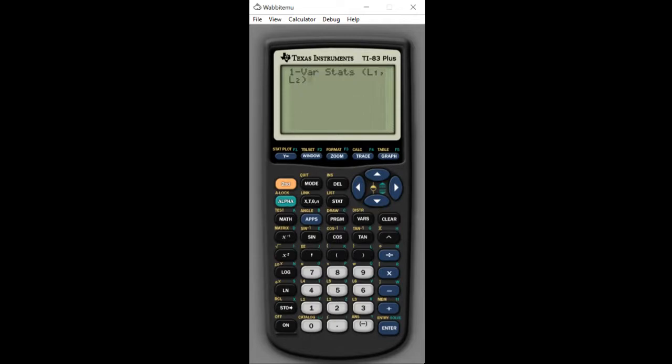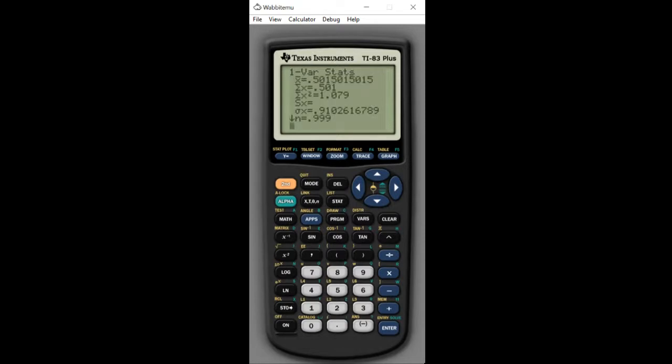Yeah, okay. So on this calculator, it says list, and then the second one says frequency list. So I would do L1 for my list, and L2 for my frequency list, and then I'll hit calculate. If you have a calculator that looks like this and you see that kind of display, that's what you're going to do. Anyway, I'm going to hit enter here.